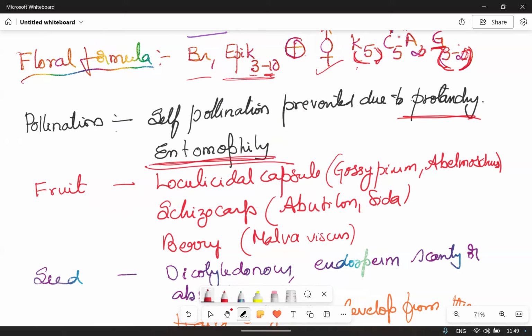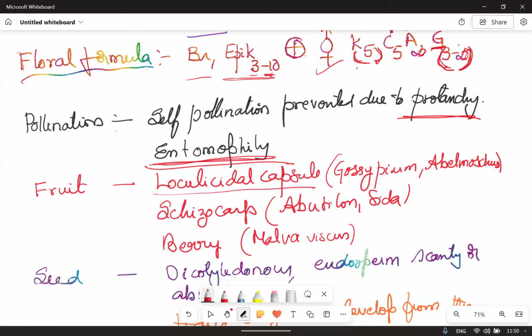Fruit. We know that there are simple fruits, aggregate fruits and composite fruits. Simple fruits are fleshy fruits and dry fruits. Dry fruits are dry dehiscent, dry indehiscent, and schizocarpic. Dry dehiscent means at the time of maturity, they break, liberating the seeds.